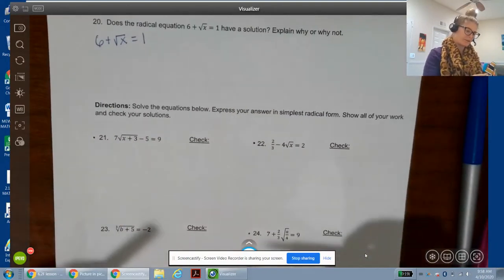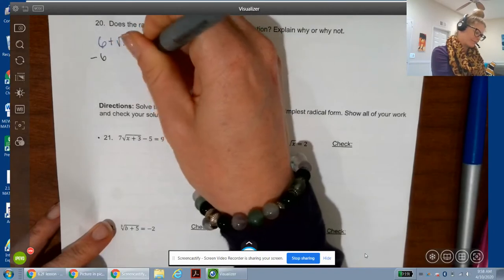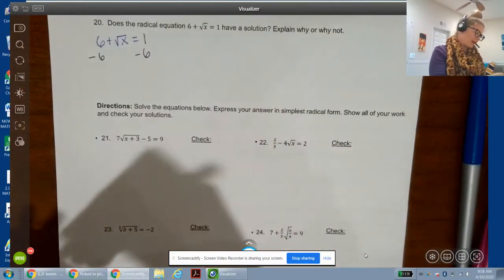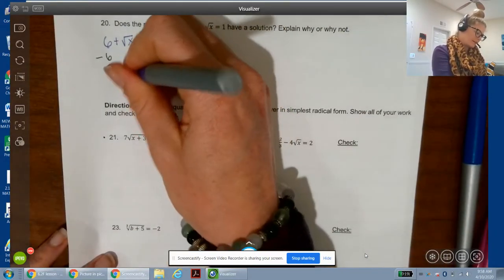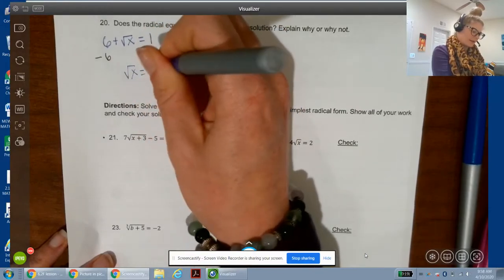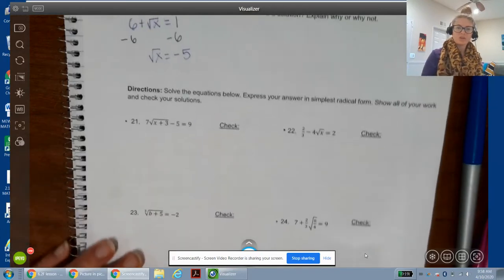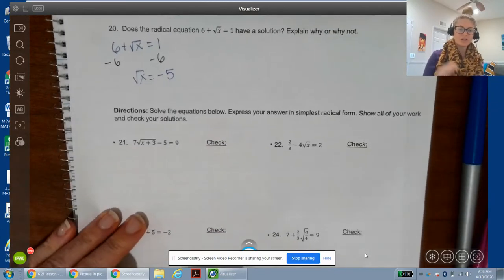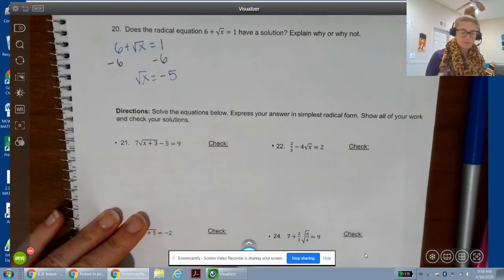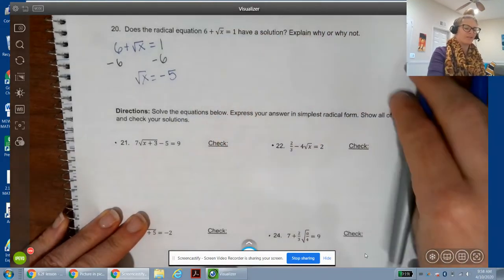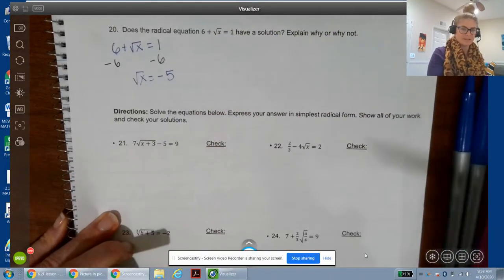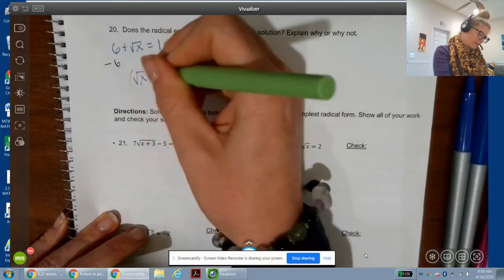So what we're going to do is subtract 6 from both sides. When we do that, you get the square root of x is equal to -5. Stop there. Some of you are going to be so into those inverse operations, you're like, square both sides, and then x is 25. I'll show you what would happen if you did that. Look at this ugly green lime color.